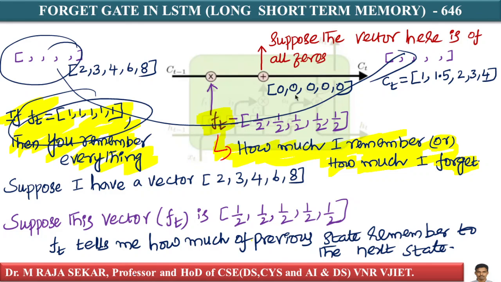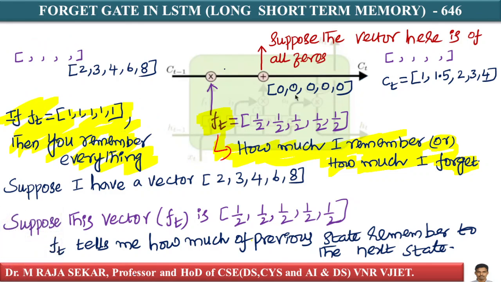We already discussed this. What is this? This FT is often called the forget gate, isn't it?